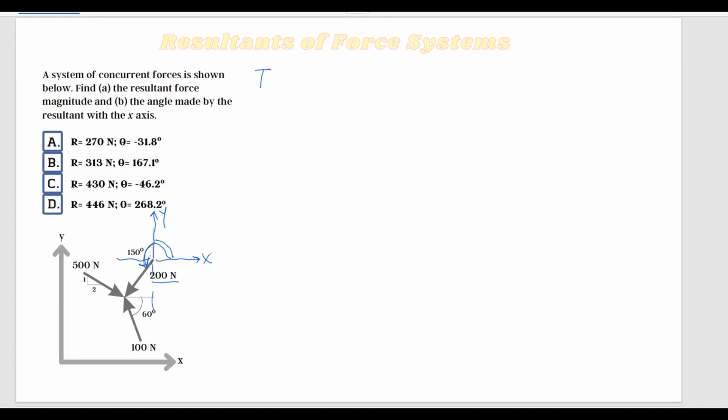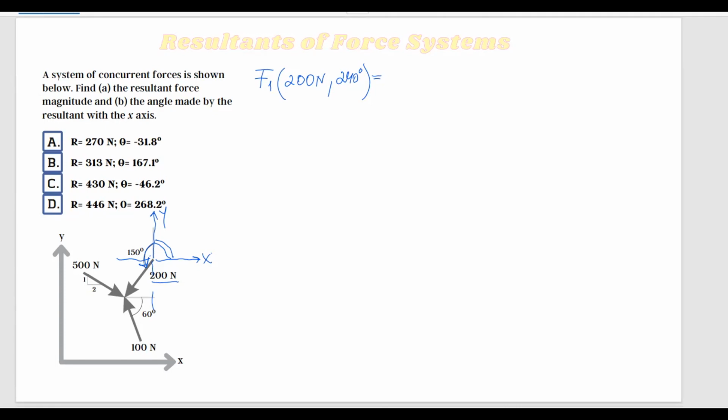So we're going to start by saying F1 is made out of 200 Newton force and 240 degree angle. So we have r cosine theta.